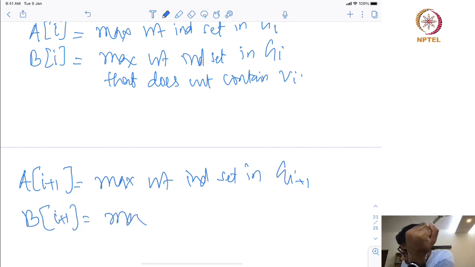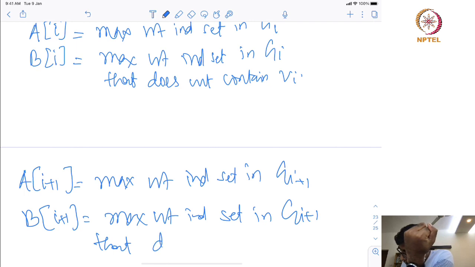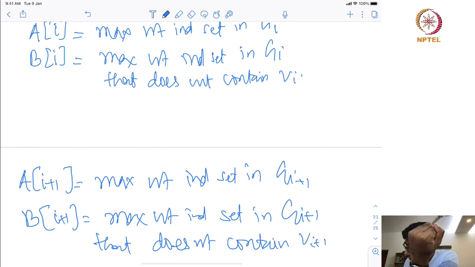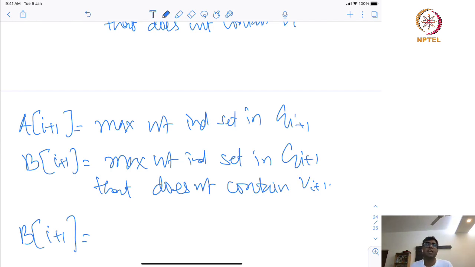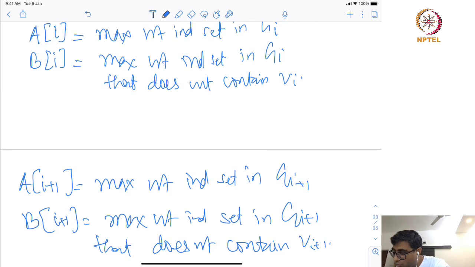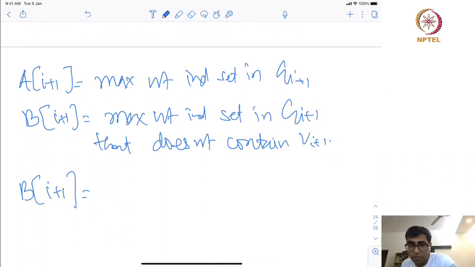It is the max weight independent set in G_{i+1} that does not contain v_{i+1}. Notice, if this is the max weight independent set of G_{i+1} that does not contain v_{i+1}, then that must be a max weight independent set of G_i, and that we have already stored in A_i. So, B_{i+1} is nothing but A_i.